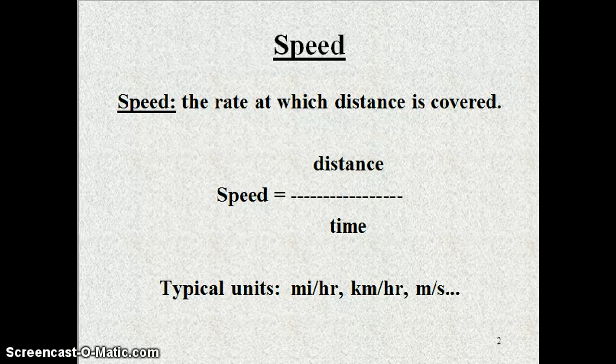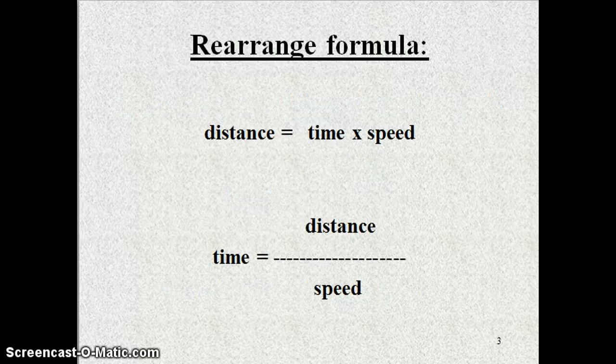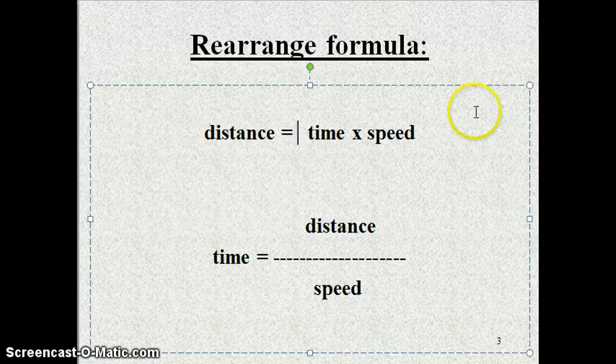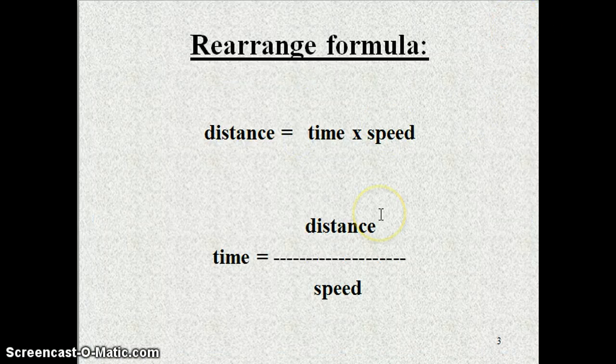Okay? If you can do a little bit of algebra, and you were probably just assessed on this, you should be able to rearrange that speed formula, solve for distance, and you can also do a little bit of algebra to also solve it for time. If we started with the equation that we had on the other side, right? Speed is distance over time.